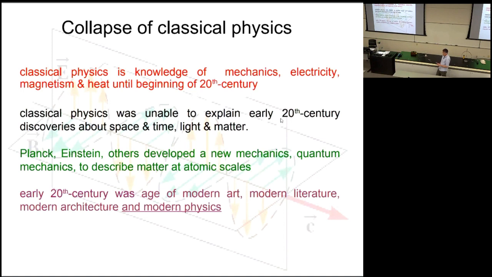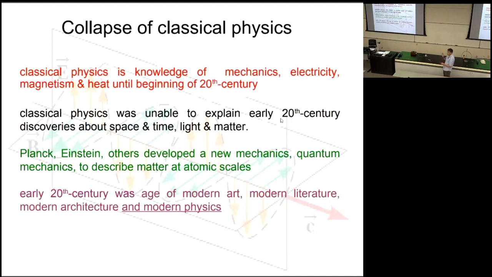And that was physics up until the beginning of the 20th century or the end of the 19th century. That physics was unable to explain the revolution in space and time that we talked about last week. That physics was unable to explain the revolution in quantum physics that we're talking about this week. So that's what broke classical physics.